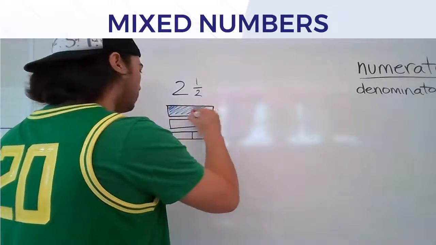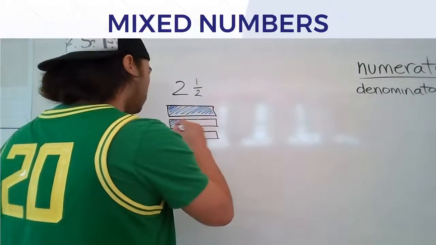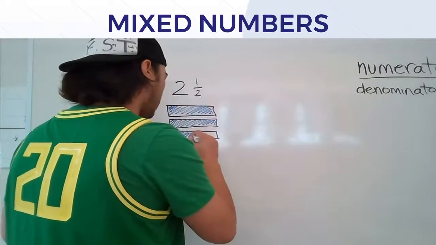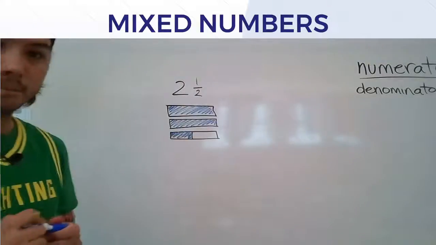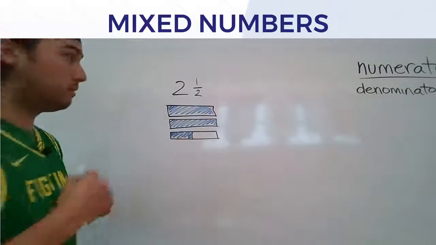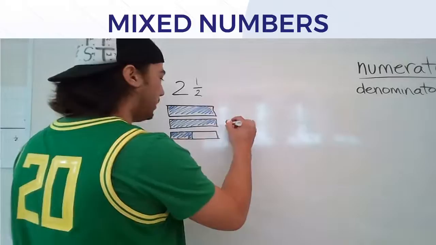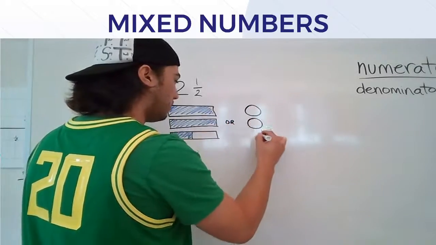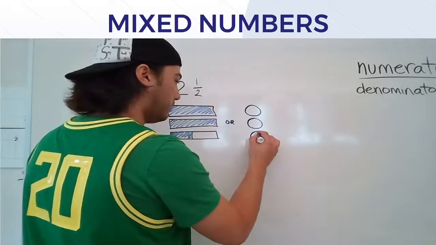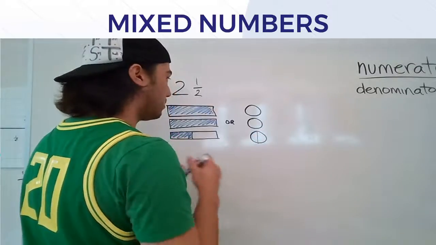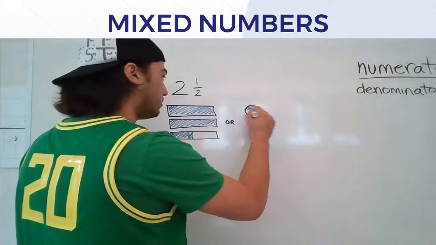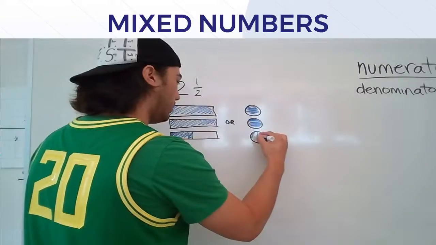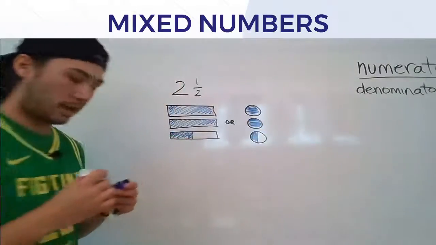Here's 1. Here's 2. And here's our half. Okay? If we wanted to do it like in the pie or the pizza way, same thing: 2 wholes, 2 ones, and 1 half extra.